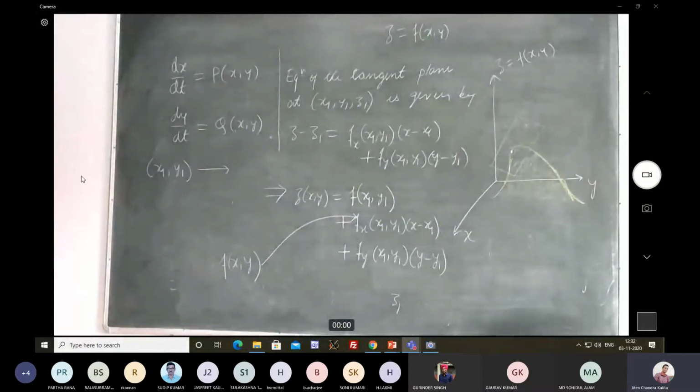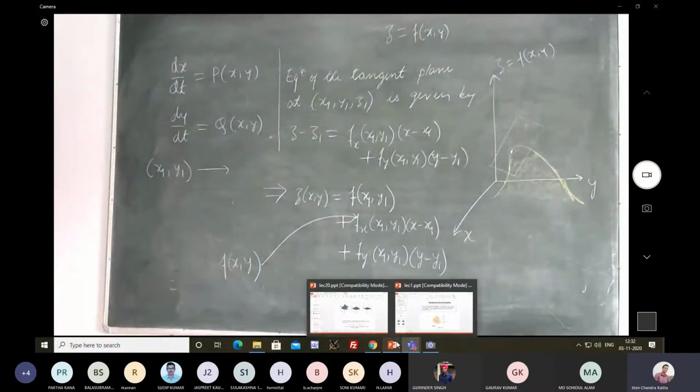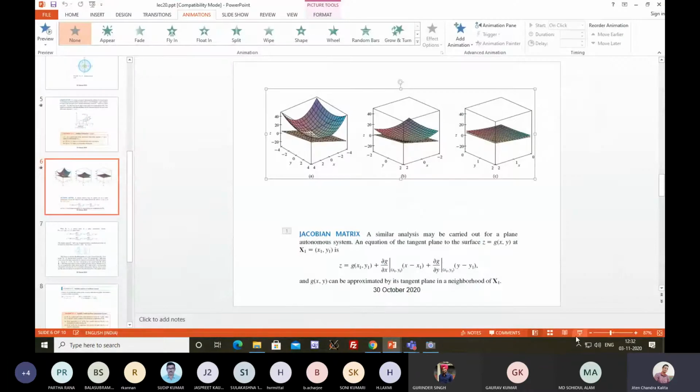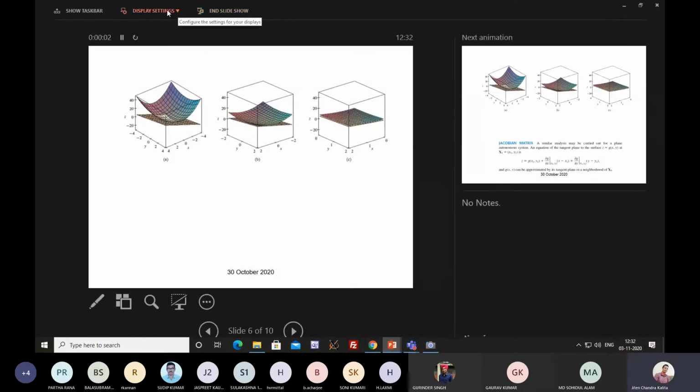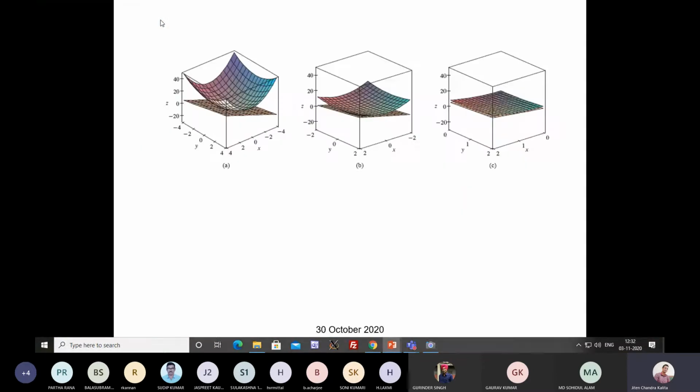So what is going to happen in case of a tangent plane? In case of a tangent plane, you are going to have this scenario. Okay, are you getting my point? Suppose at this point to this surface, I am drawing this tangent line. Now if you magnify this spot, the surface is looking flatter and flatter.